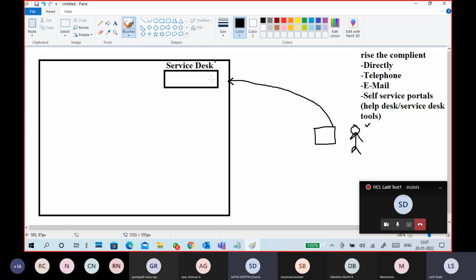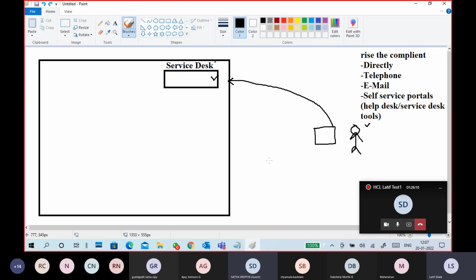Now this service desk person will check your complaint. If it is a direct talk or a telephone talk, they will verify: sir, you raised the complaint, what happened, are the LED lights blinking or not? Or check the cable connection, power connection, like that.